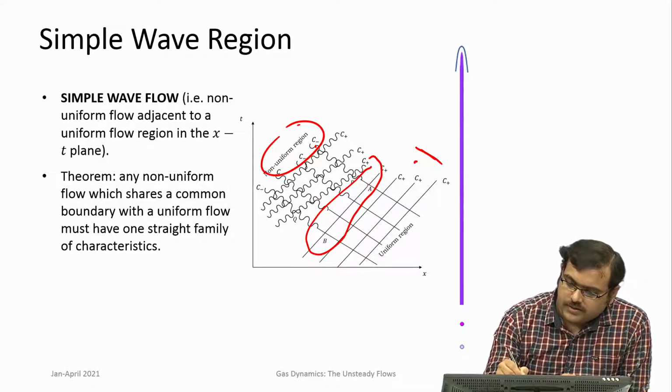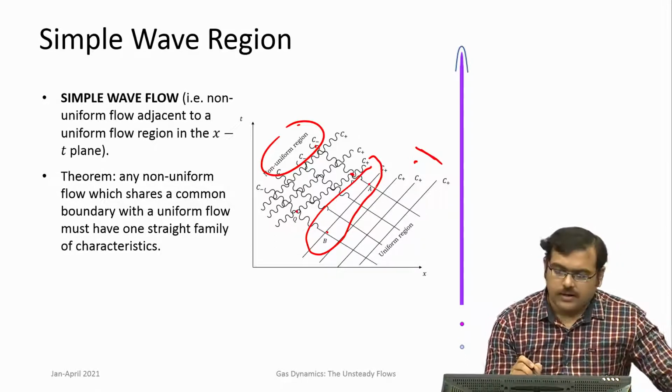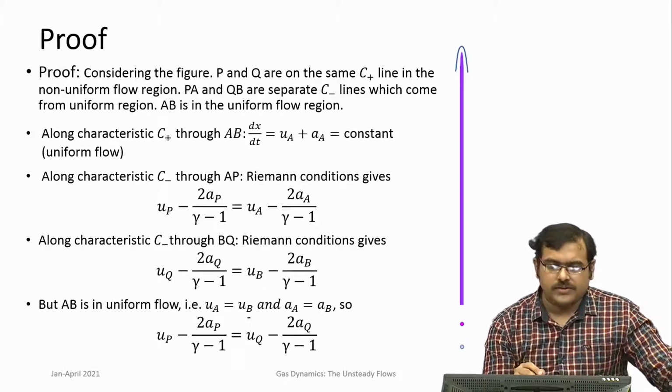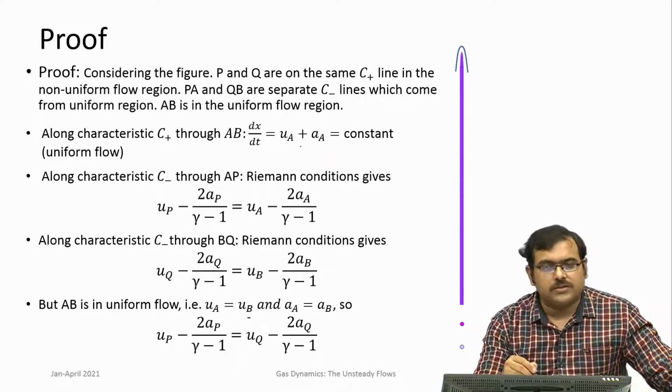So you can consider these 2 points. This is a uniform flow, while P and Q lie in the non-uniform flow along the C plus characteristics. If you look at that problem, then what you can show is, along C plus, dx by dt is u plus a.